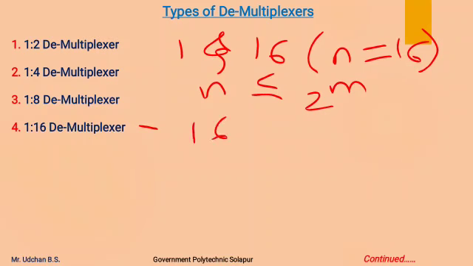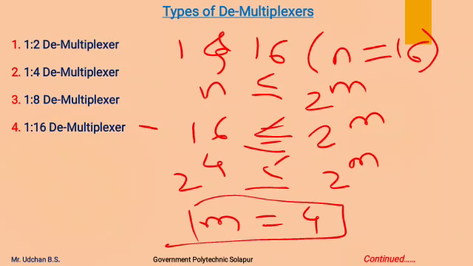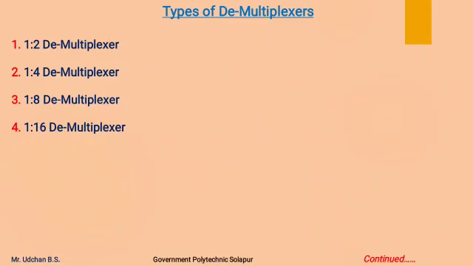Here n is 16, less than or equal to 2 raised to m. 16 can be written as 2 raised to 4, less than or equal to 2 raised to m. Now again comparing the powers, we get m as 4. That is, the number of select lines for the 1:16 demultiplexer will be 4.